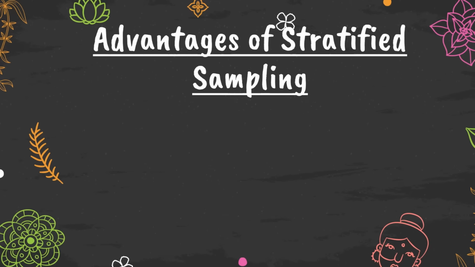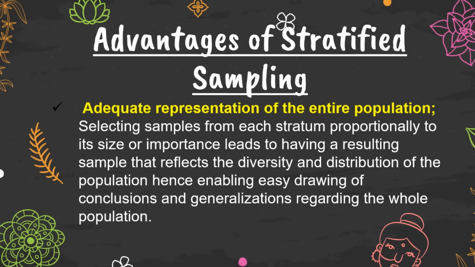By selecting samples from each stratum proportionally to its size or importance, the resulting sample reflects the diversity and distribution of the population. So the sample is well represented. And this enables easy drawing of conclusions and generalizations regarding the entire population.